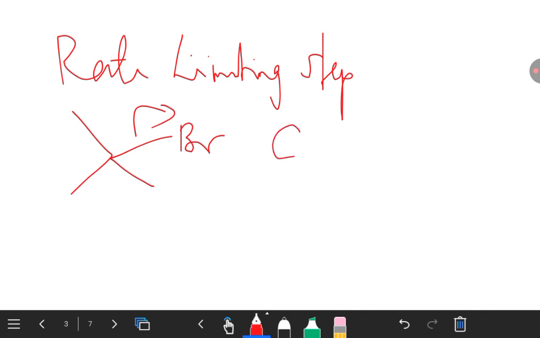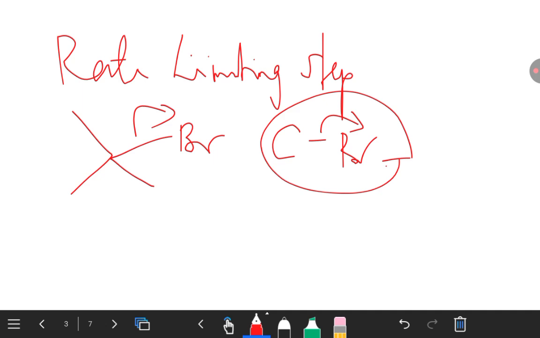When this bond breaks, that is the rate limiting step.